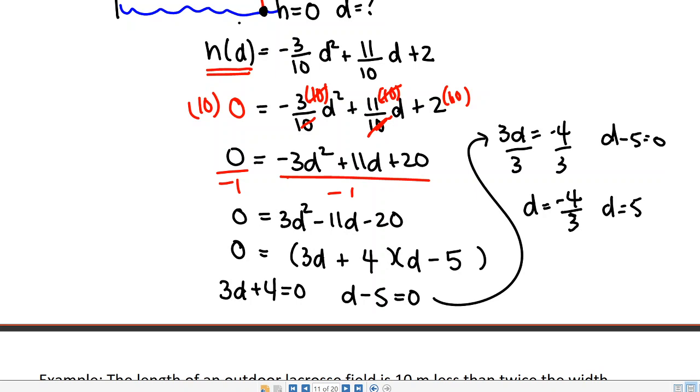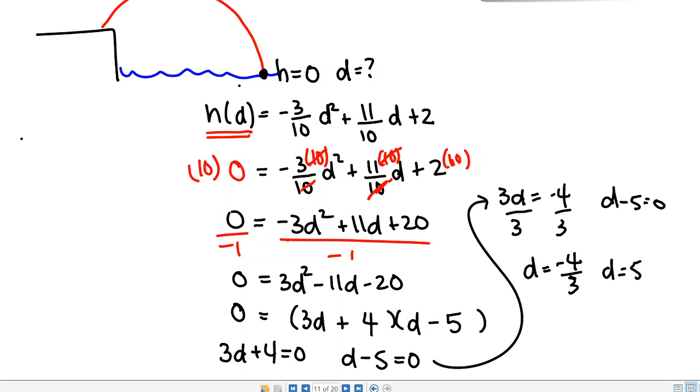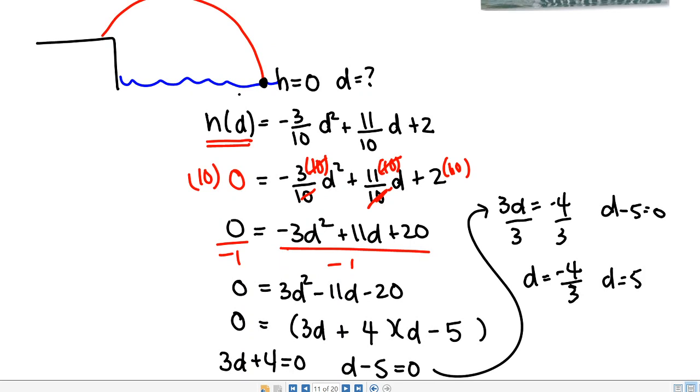Because we have a word problem and there's an actual situation happening, we have to go back and look at these answers in terms of the context of our question. If we go back and look at our picture, we have to ask ourselves, d is the distance from the dock. So if we're right at the dock when the dog takes off, this is actually where d equal to 0 happens.